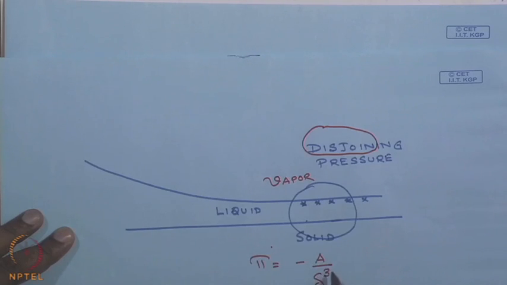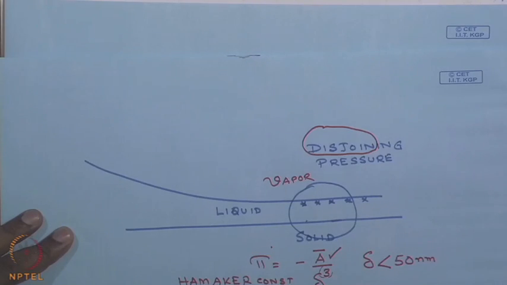The index is 3 when delta, the film thickness, is less than 50 nanometers, and it is equal to the power 4 when delta is greater than 50 nanometers, and the quantities A and B are called the Hamaker constant or dispersion constant, respectively.